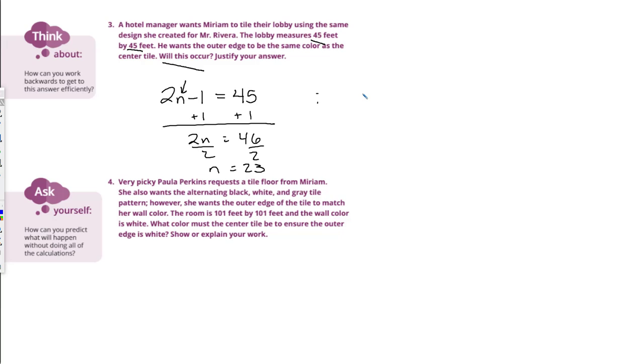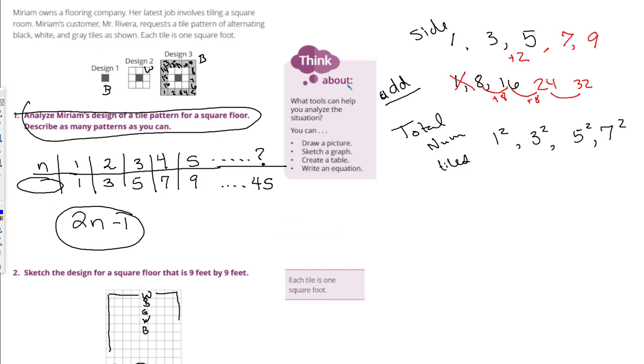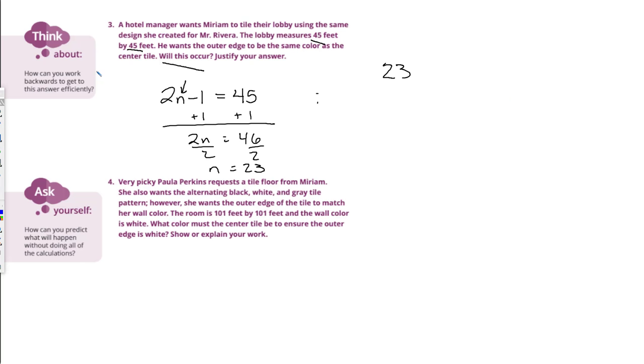So if I determine that the outer edge is 23, so we're looking at 23 out. I would need to have it be in the pattern black, white, gray, and it would actually end up being the white.